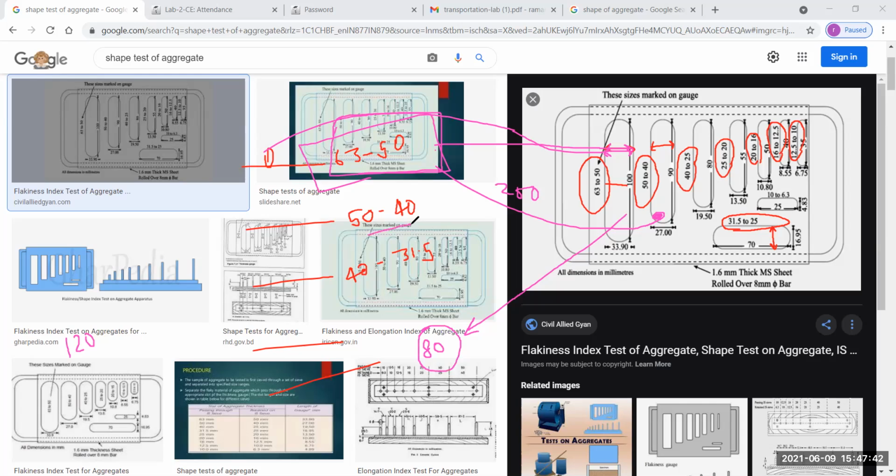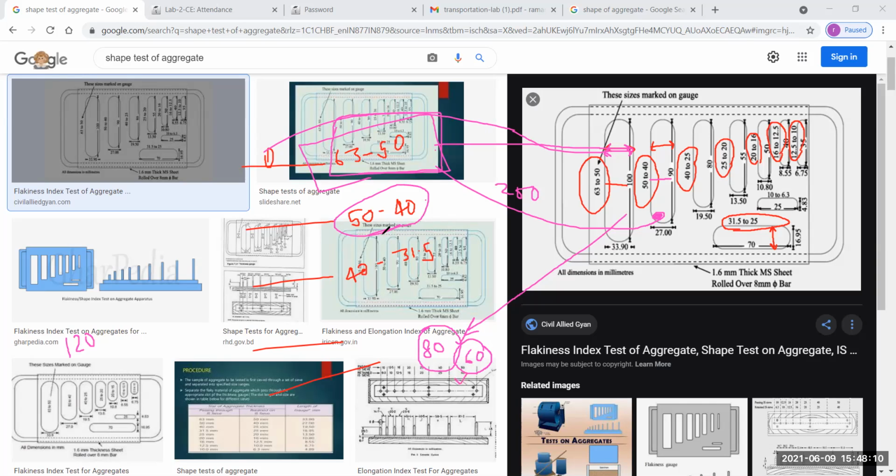Also from 50 to 40, you pass that aggregate through the 50 to 40 slots. You take your 60 number of aggregate passing. I take this value for example purpose, this is not an exact figure. So I find 80 aggregate passing from the first slot, 60 from the second, and so on.